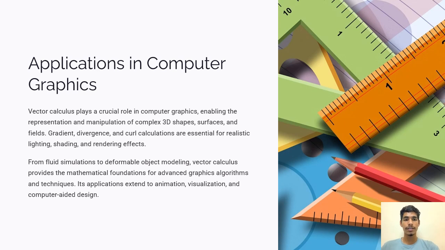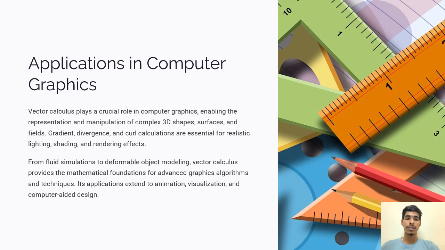Then applications in computer graphics. In what ways can vectors be used in computer graphics or graphical applications? Vector calculus plays a crucial role in computer graphics, enabling the representation and manipulation of complex 3D shapes, surfaces, and fields.